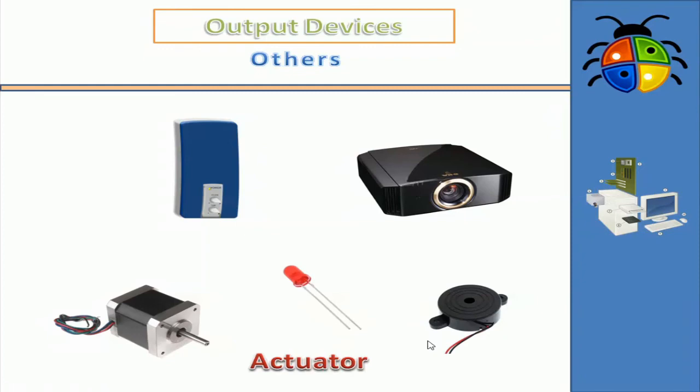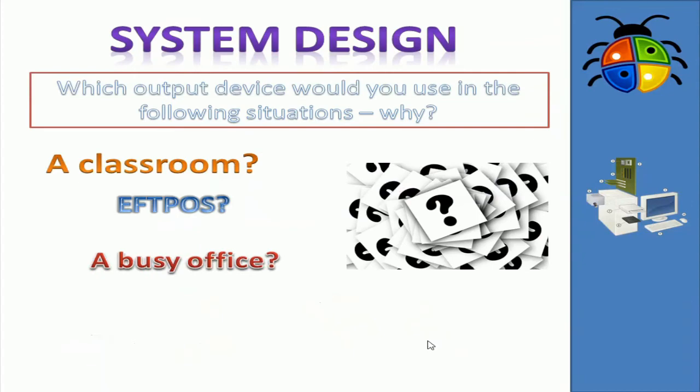Okay, so I think that's us for our main system design. But the same as last time, before you go, I want you to think about which output device you would use in the following situations and why.